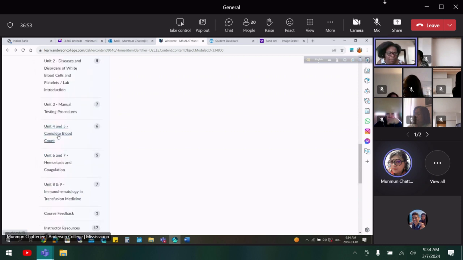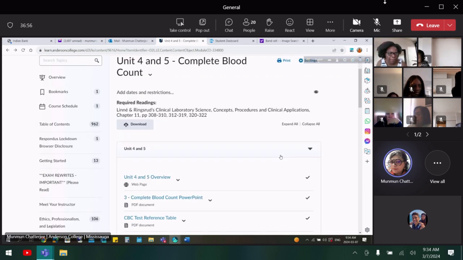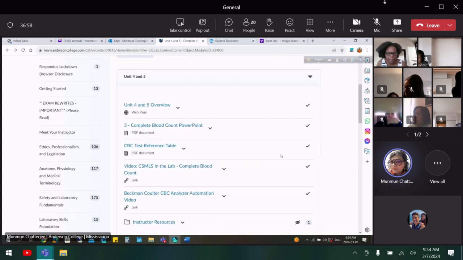Okay, so units four and five. We are going to go to the unit four and five overview. It doesn't have the complete bulk overview.